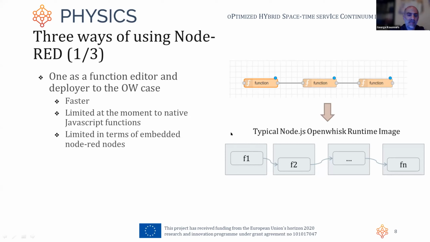Now, this is the main functionality, but it is a basic one, because OpenWhisk by itself cannot support anything more complex than a simple sequence in terms of workflow primitives. So it's not that powerful. And you also cannot exploit all the available built-in nodes in the Node-RED environment, packaged as Node-RED nodes and not pure JavaScript ones.